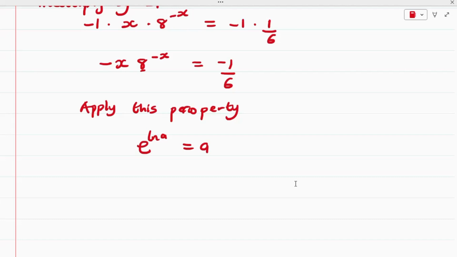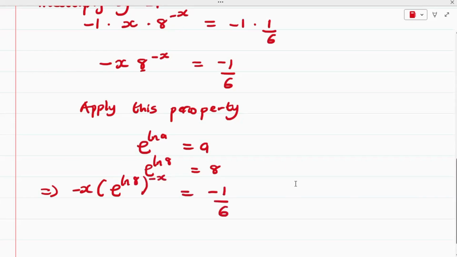If we apply this property here, this implies that e raised to the power of ln of 8 is equal to 8. So this equation is going to become minus x into e raised to the power of ln of 8, raised to the power of negative x, and this is equal to minus 1 over 6.